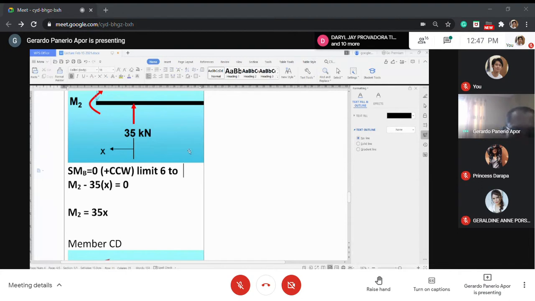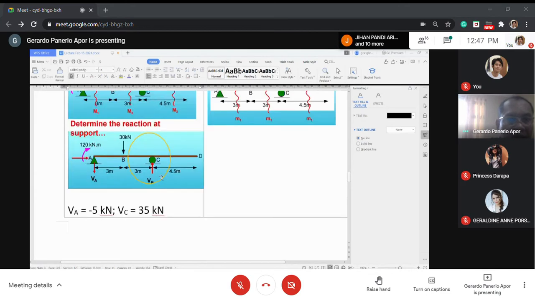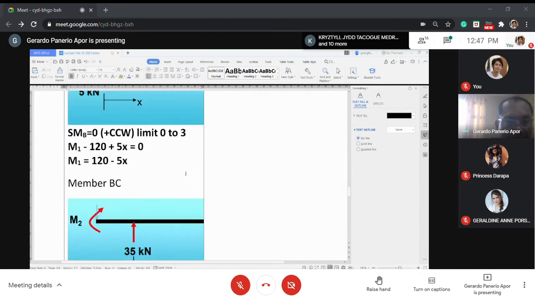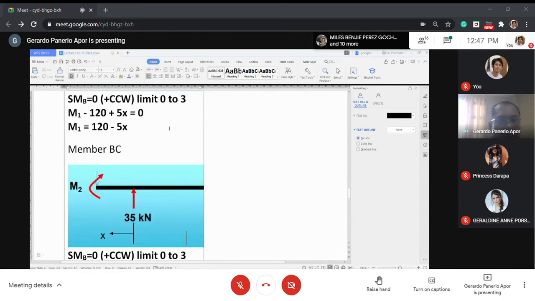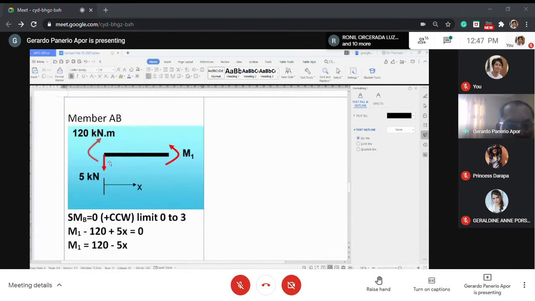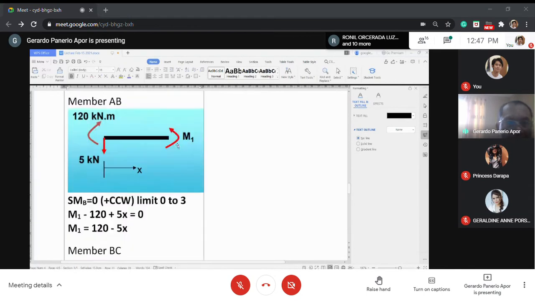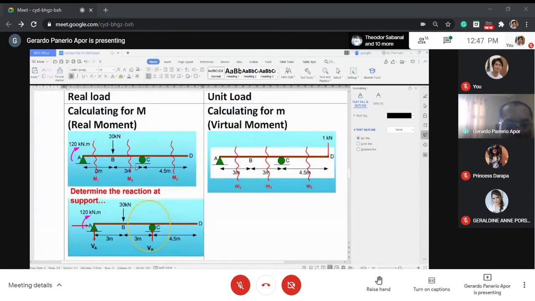This is point C, so C is 6 meters from A. But you can still use 0 to 3 here, because you're using a local origin, so 0 to 3, from B. In other words, of the 10.5 meter length, only 6 meters have been covered.